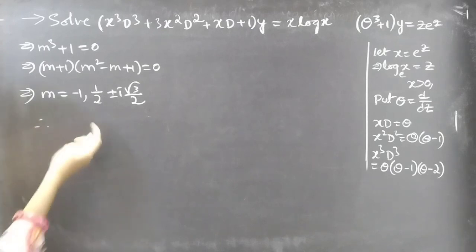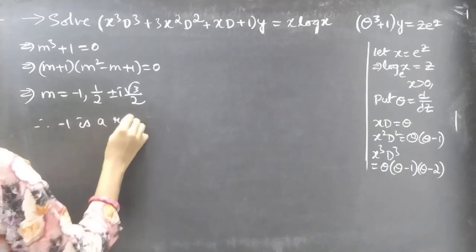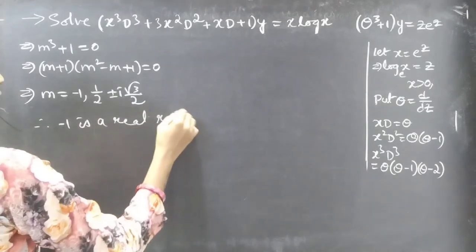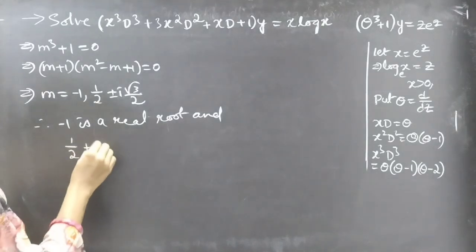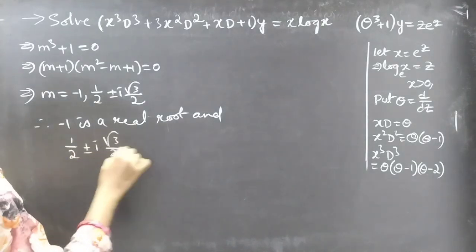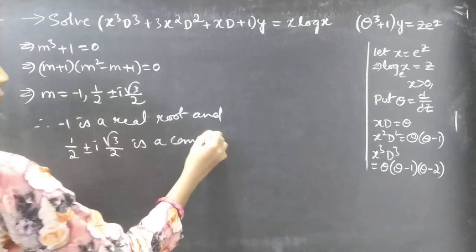Therefore, we got the roots of our auxiliary equation. Therefore, minus 1 is a real root and 1 by 2 plus or minus i root 3 by 2 is a complex conjugate root.